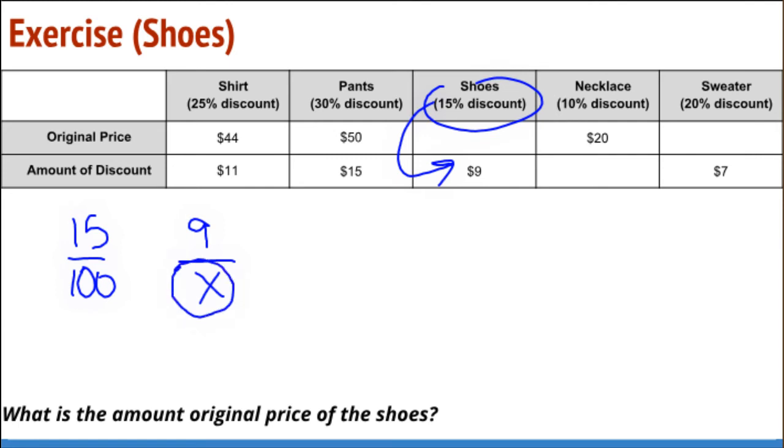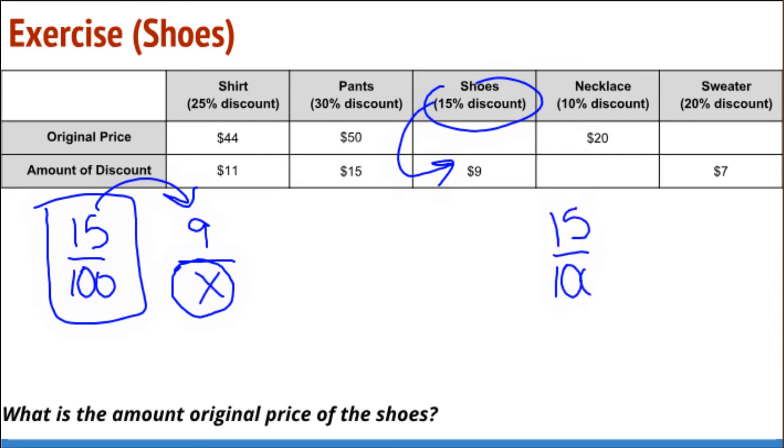Now, is there an easy way for me to scale from 15 to 9? No, not really. I can't think of anything obvious that I could divide 15 by to get 9. So maybe I'll take this 15 here and scale it down and see if I can get the largest possible units and then use those.